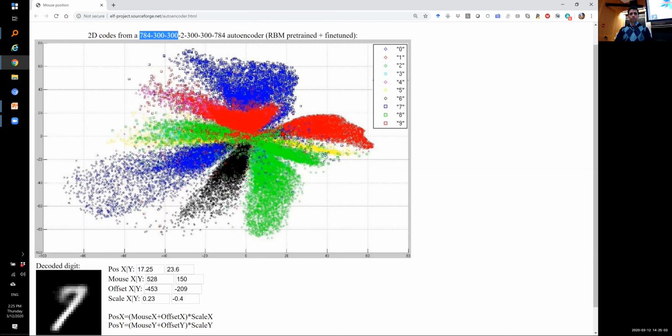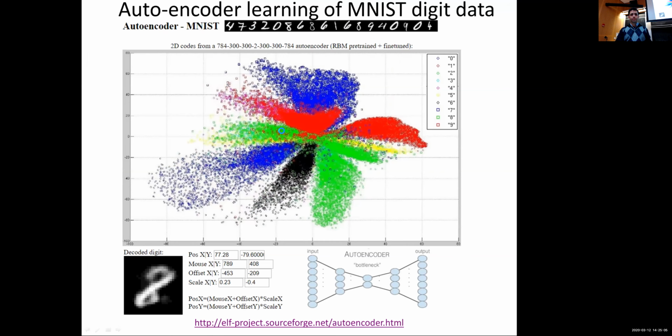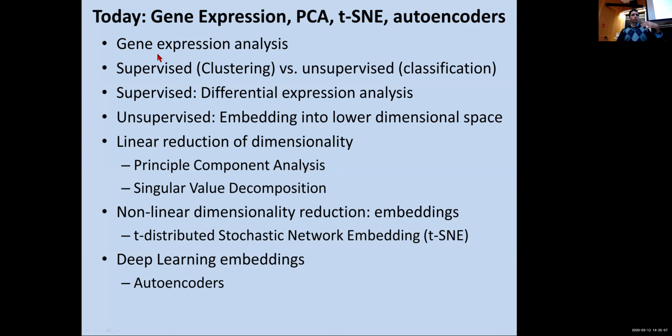Sounds good? All right. So what did we learn? We talked about gene expression analysis. We talked about 2 ways of addressing it: supervised classification versus unsupervised clustering. And for unsupervised, we looked at embedding into lower dimensional space. Linear reduction of dimensionality to the principal components.